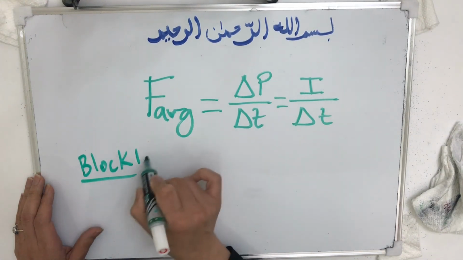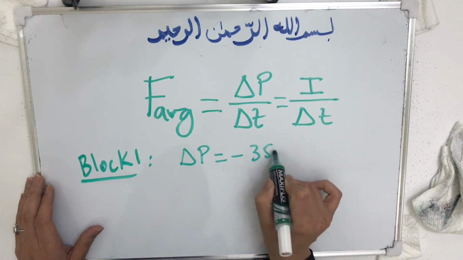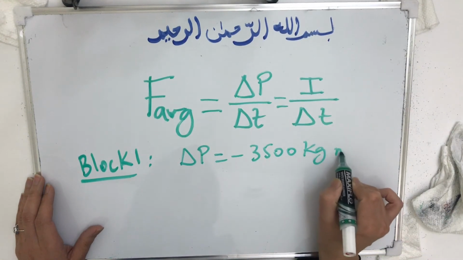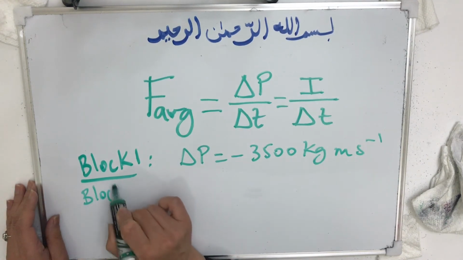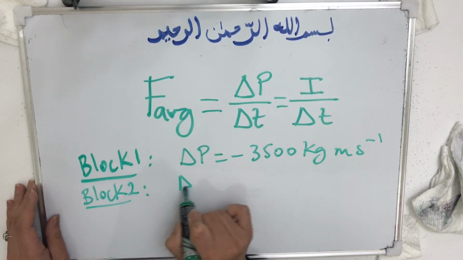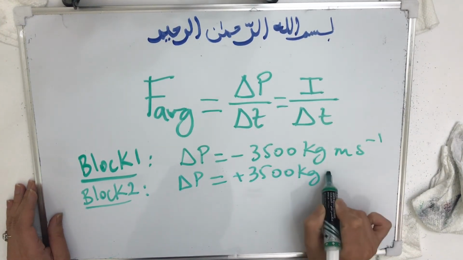What was the impulse on block 1? The impulse on block 1 was negative 3,500 kilogram meter per second. And on block 2, the impulse was plus 3,500 kilogram meters per second.